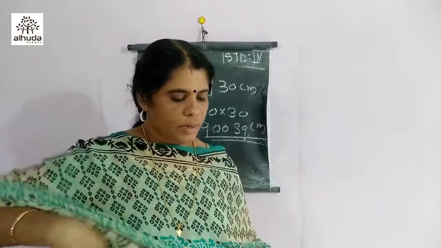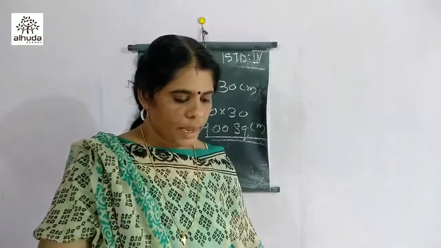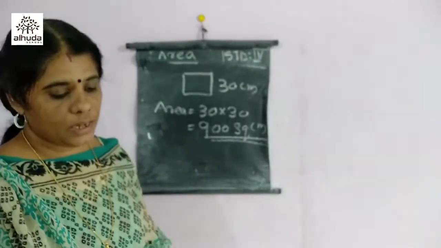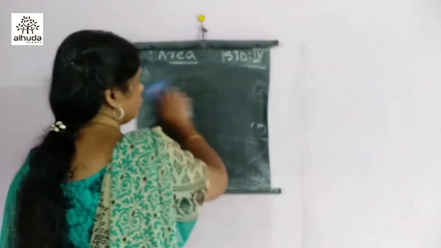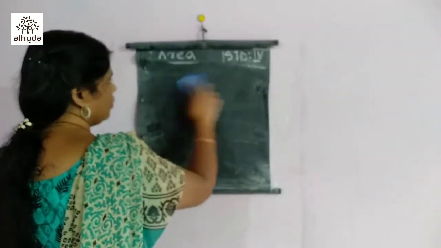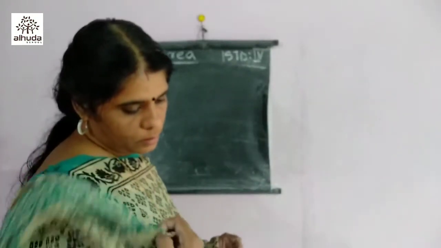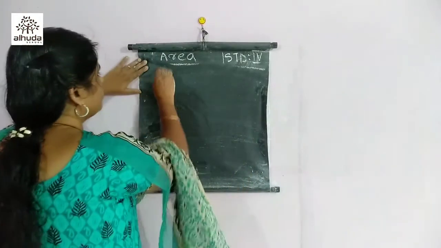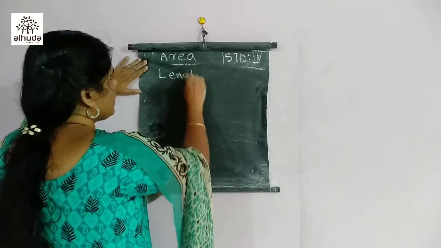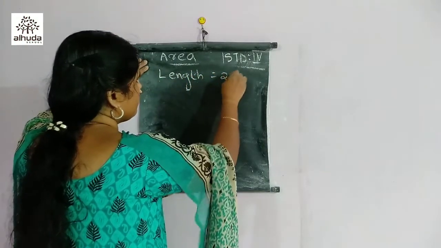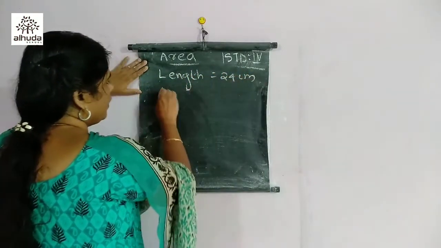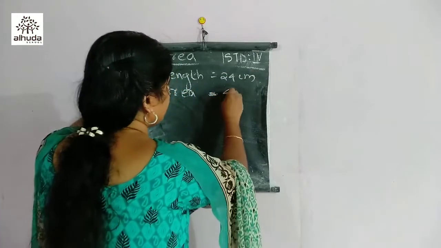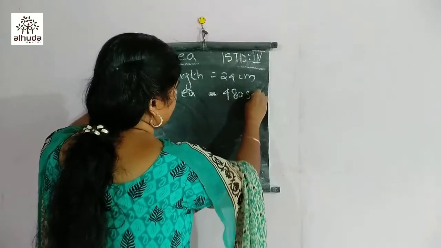One question is there. Complete the following table. That is, area is given, length is given, and you should find the breadth. How do we find the breadth? Length is given as 24 centimeter. Area is given as 480 square centimeter.